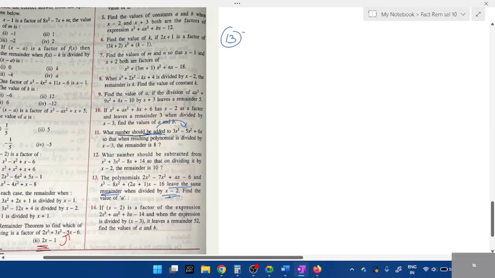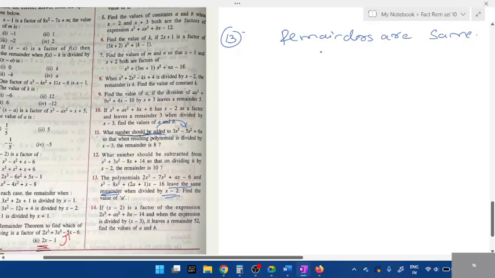What do you mean by leaves same remainder? Very good. For both the equations, the remainders are same. Whenever they give that the remainders are same, I'll tell you how to solve.